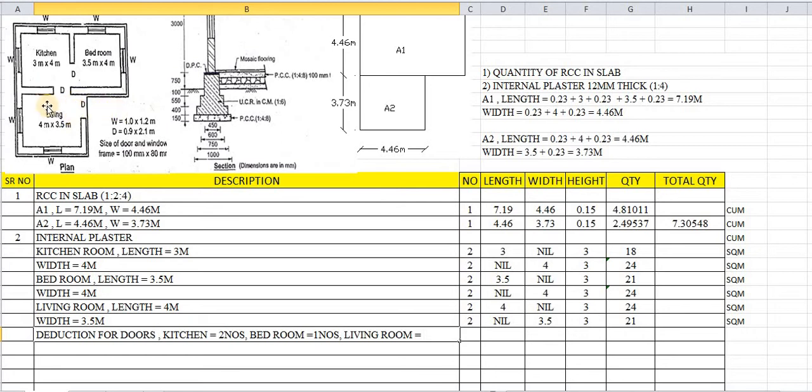That means the living room has 2 numbers of doors. So the kitchen has 2 numbers of openings in case of doors, the bedroom has 1, and the living room has 2. We add these openings, 2 plus 1 plus 2, so the total number of openings is 5.